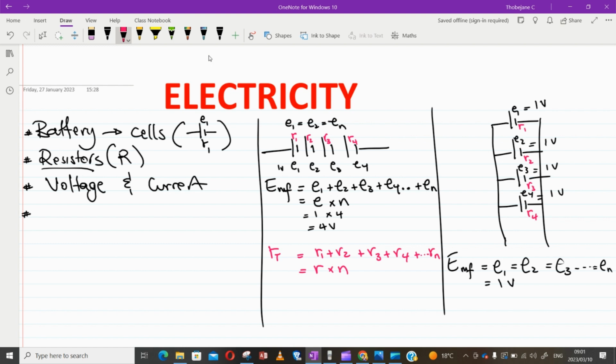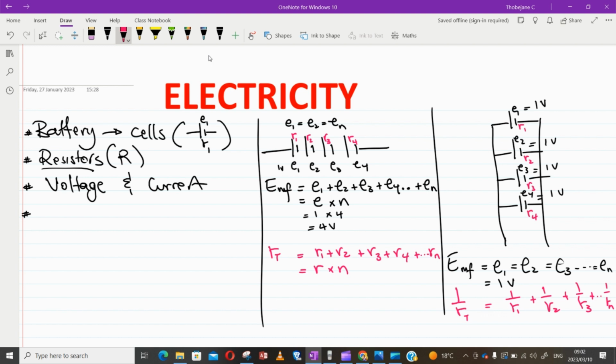But what happens when you've connected them in parallel? Does it mean that the total internal resistance is the same as r1, the same as r2, the same as r3? No. In this case, the total internal resistance is calculated as 1 over rT is equal to 1 over r1 plus 1 over r2 plus 1 over r3, and so forth, depending on the number of resistances that you have.